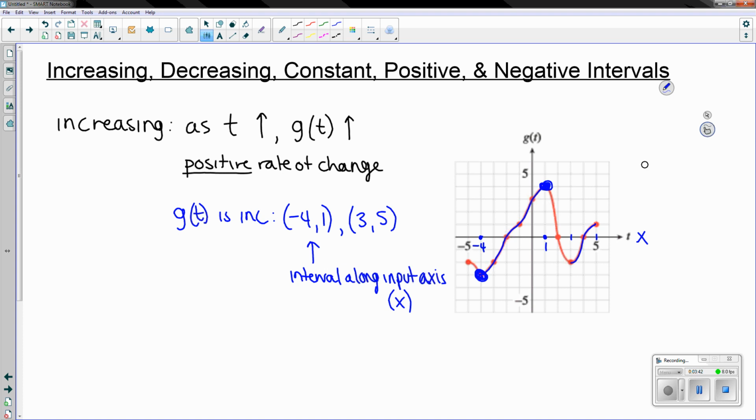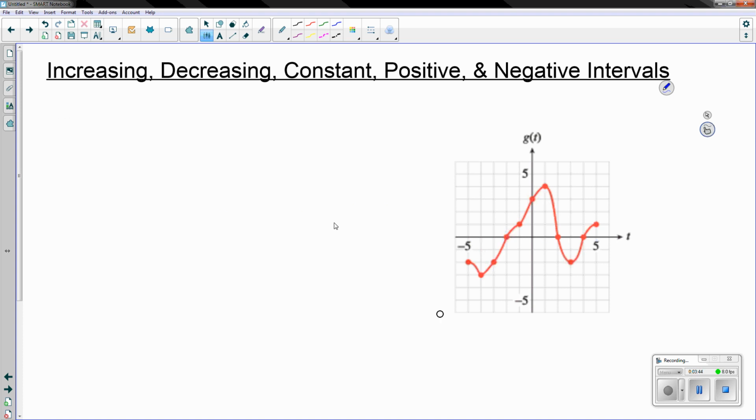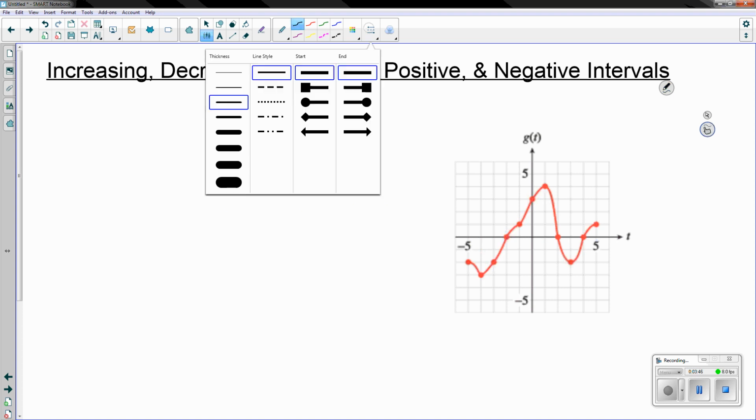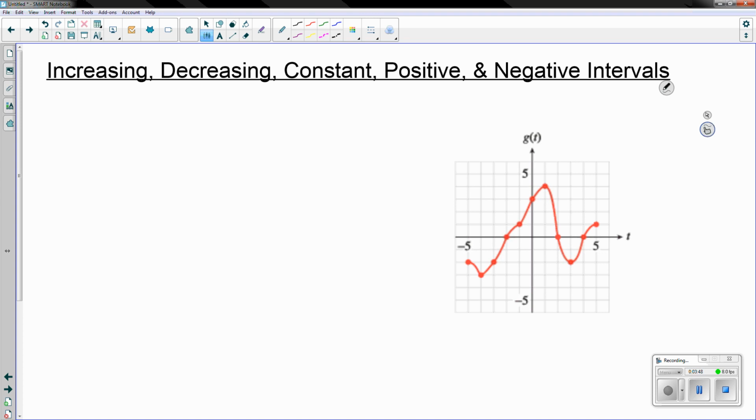So that's increasing. Let's look at decreasing. Decreasing will be as the input variable, in this case t, increases, the function value g of t should go down. So as we move left to right, again, that's what this means.